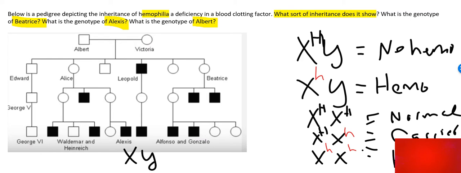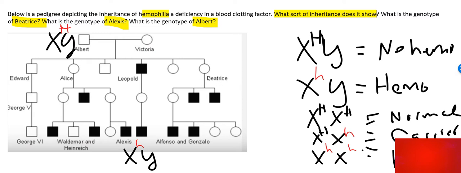He's XY. Because he's affected, we know he has the lowercase allele. For Albert, because he is unaffected, we know that he is XY, and he has to have the uppercase H. It can't be any other way. He has to have the uppercase H because he does not have hemophilia.